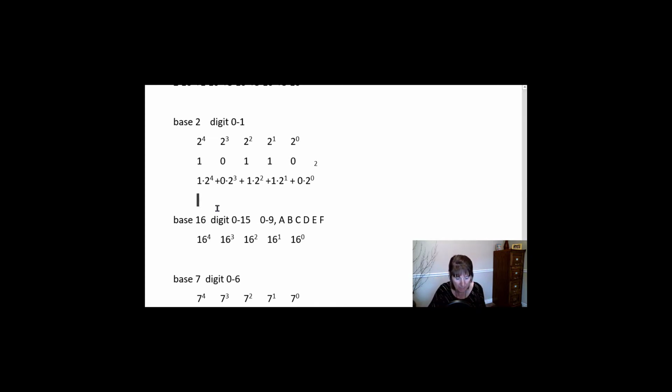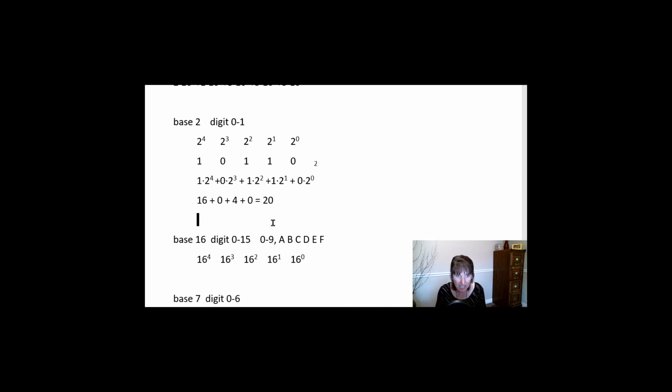So this is 1 times 16, which is 16, plus 0 times 2 to the 3rd, which is 0, plus 1 times 2 squared, which is 4, plus 0 times 2 to the 0. Okay, so now we've written these values in base 10. These are base 10 numbers, and we've expanded it using the place values and converted it to decimal. So now we add that up and the value is 20.